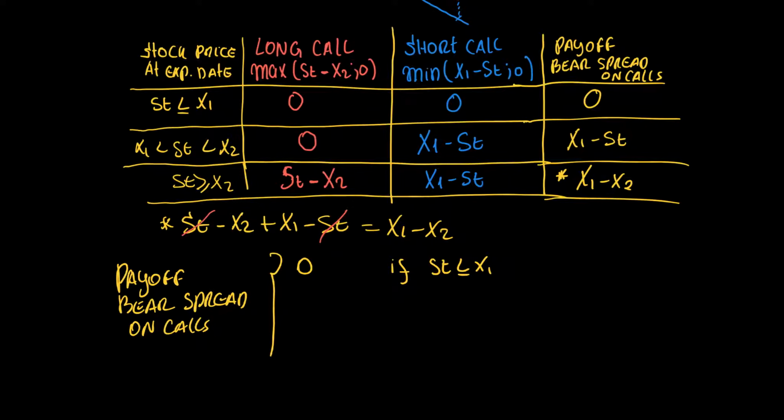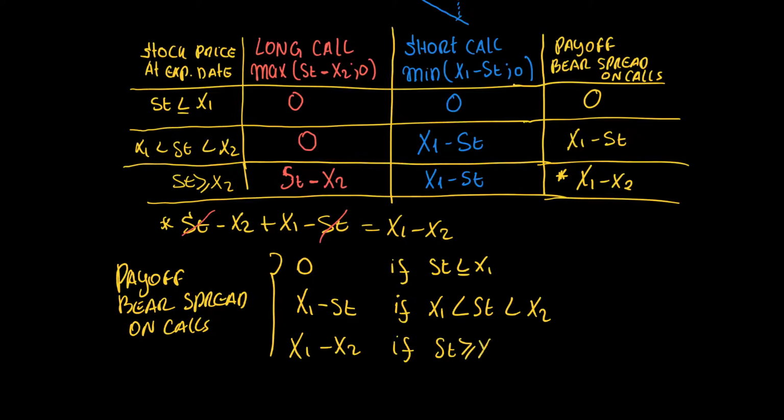It's going to pay X1 minus ST if the stock price is between X1 and X2, or it will pay X1 minus X2 if the stock price is higher or equal than X2.